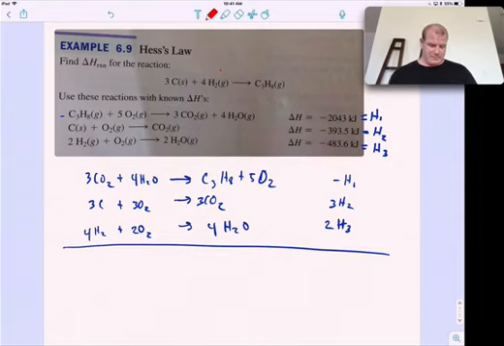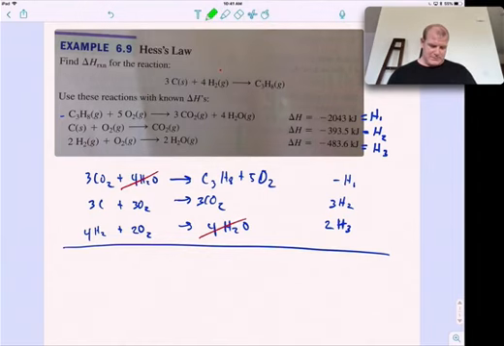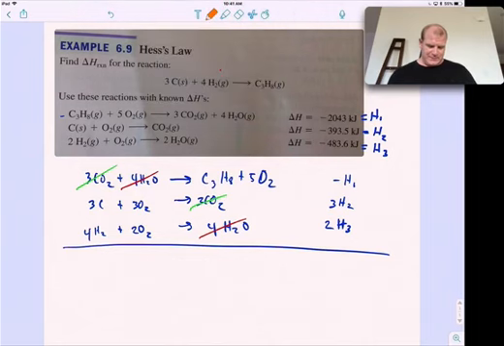Okay, so let's go through, and if you've noticed, the 4 waters cancel. The 3 CO2s cancel. And then we have 5 oxygens here, and 3 plus 2, that makes 5 oxygens, so the 5 oxygens cancel.